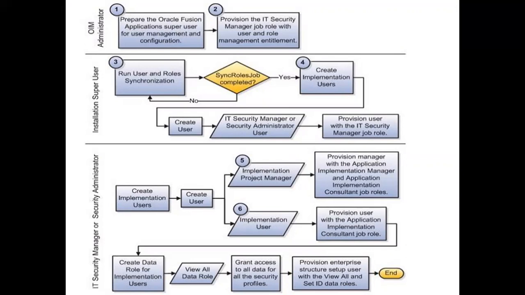Then prepare the IT security manager role for user and role management, for the roles in the OIM administrator. Then, after configuring and setting up the task lists for implementation, you run the user and roles synchronization process. This task is available to the super user for synchronizing users and roles.